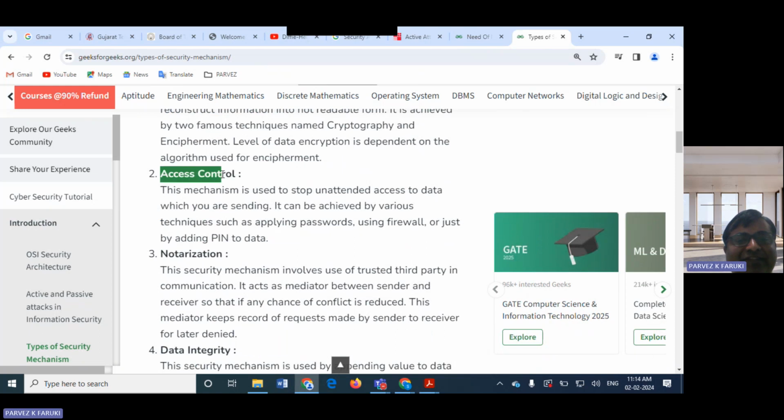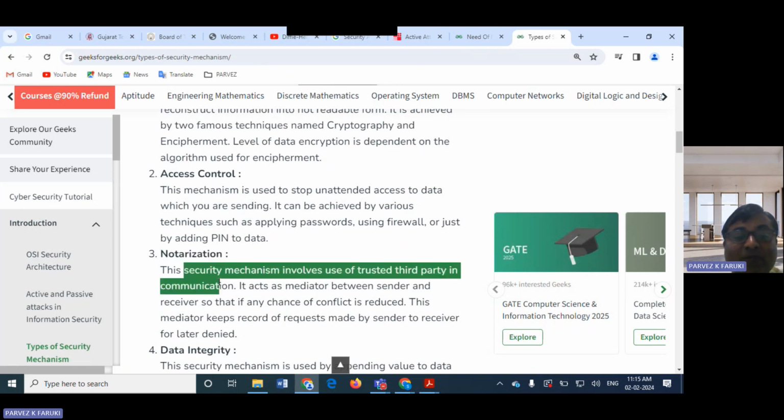There is something called access control, allowing people with reference to their roles. An administrator will have many rights to make changes to the server. However, they cannot be given to a normal user. So assigning access to specific people based on their role is access control. Now, the third word is notarization.